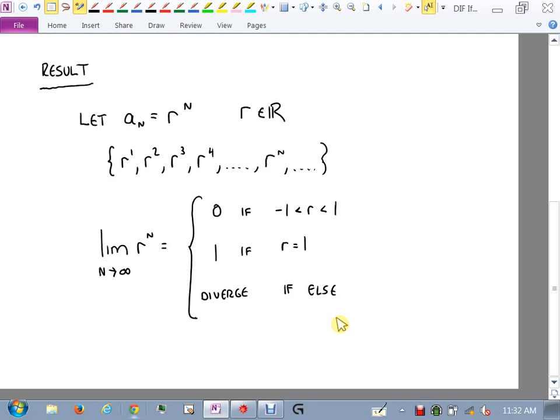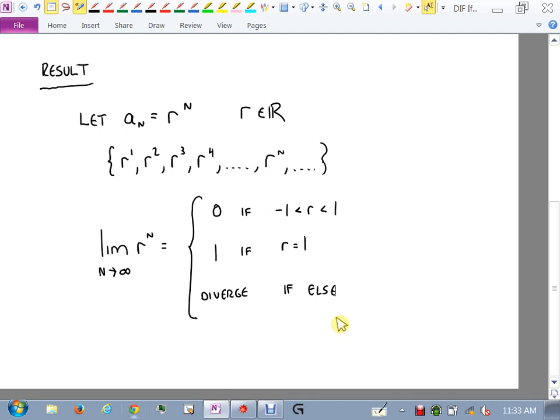That means it diverges. Now, we said that if r was 2, it took off to infinity, right? Just keep in mind that the only way you can say that a sequence converges is if it goes to a number. If it goes to infinity, it's still divergent. It just diverges to infinity.